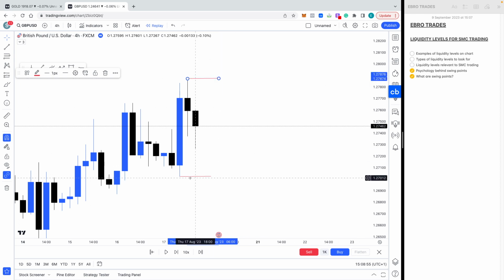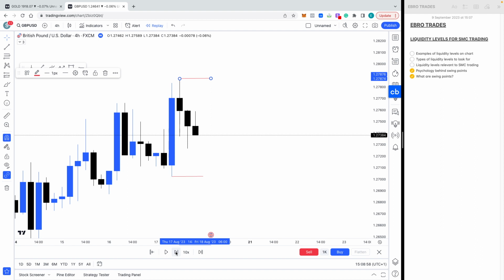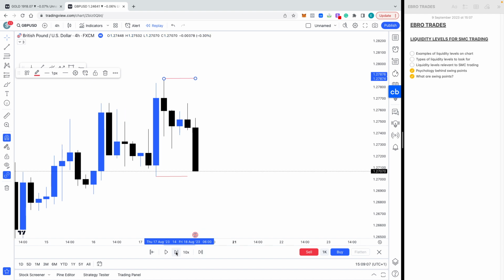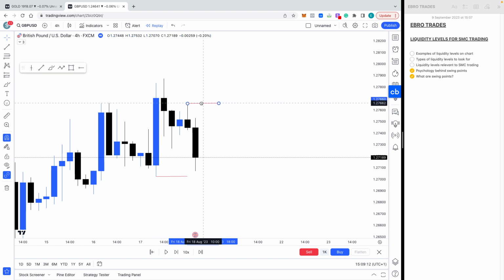So we've got our buy side liquidity and our sell side liquidity, and we could go candle by candle to see if these liquidity levels get taken out, or if they stay within the range and new liquidity levels are formed. New liquidity level over here: we've got new buy side liquidity with a lower high to the left and a lower high to the right. This is our new, most recent buy side liquidity.